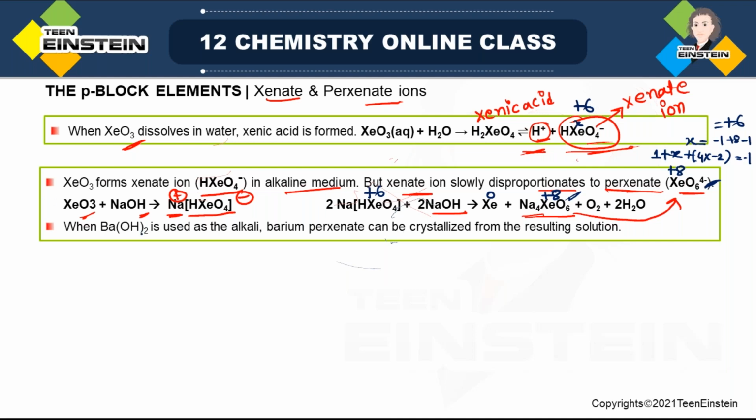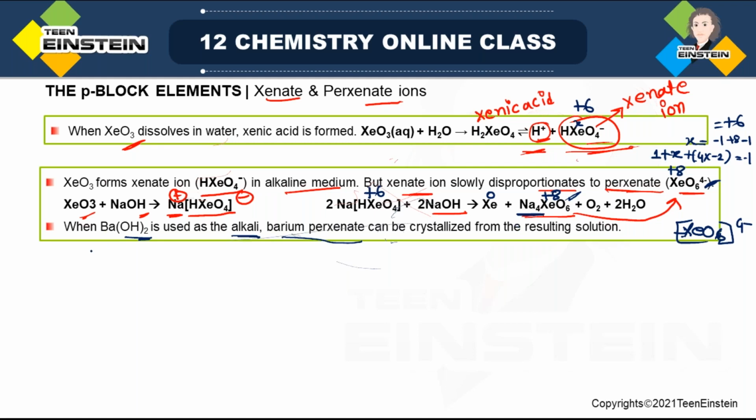When barium hydroxide is used as the alkali, suppose you have not used sodium hydroxide but barium hydroxide, what will you get? Obviously, instead of sodium Perxenate, there will be formation of barium Perxenate. Perxenate ion is XeO6 with 4 negative charges. To balance these 4 negative charges you need a total of 4 sodium, because sodium cannot have more than plus 1 oxidation state.